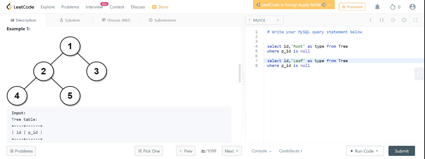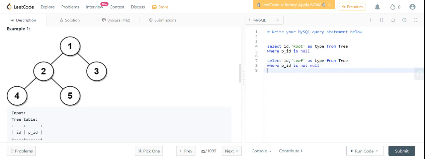A leaf node is something which does not have any child node, but it has a parent node. So one thing is for sure, the parent id will not be null, because it has a parent node. But this is not sufficient to identify whether a node is a leaf node or not.